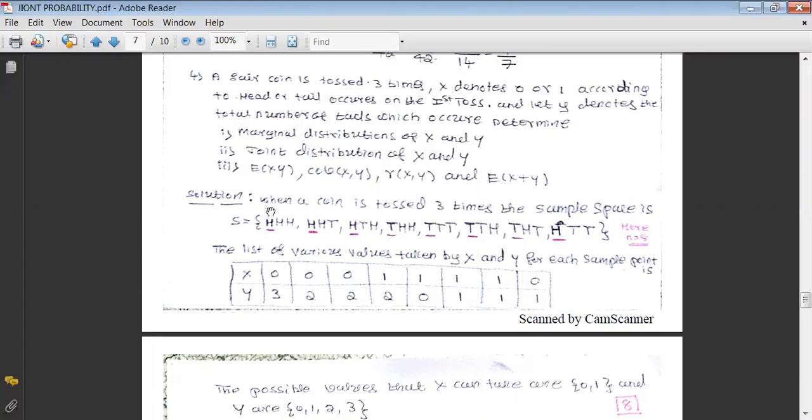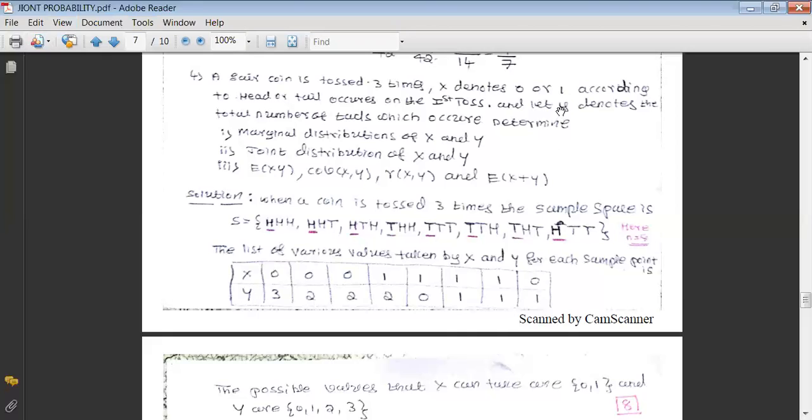Here head is there, it is 0. Here head is there, it is 0. Here it is tail. When it is a tail, its value is going to be 1. Tail is there, 1. Tail is there, 1. Tail is there, 1. And here a head is there, therefore it is 0.